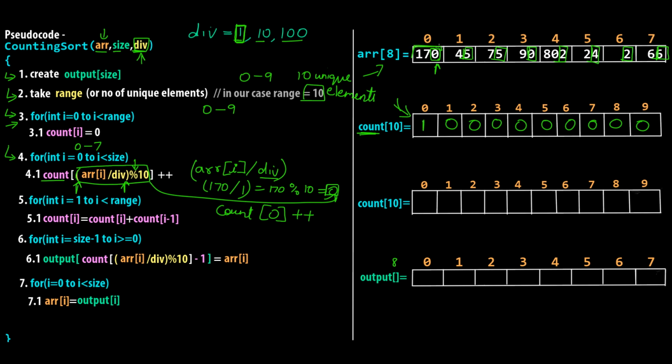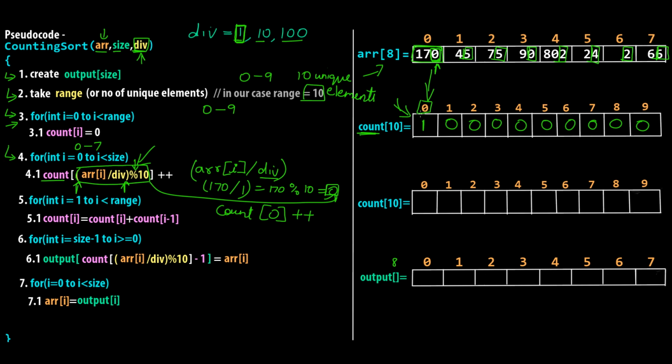So we took 170, we evaluated this expression and we got this individual LSB, that is the units place, which is 0, and we went to the 0th location in the count array and we incremented it by 1. If you remember the counting sort, this is pretty much the mechanism, right? The numbers in the input array are mapped to the indexes of the count array.